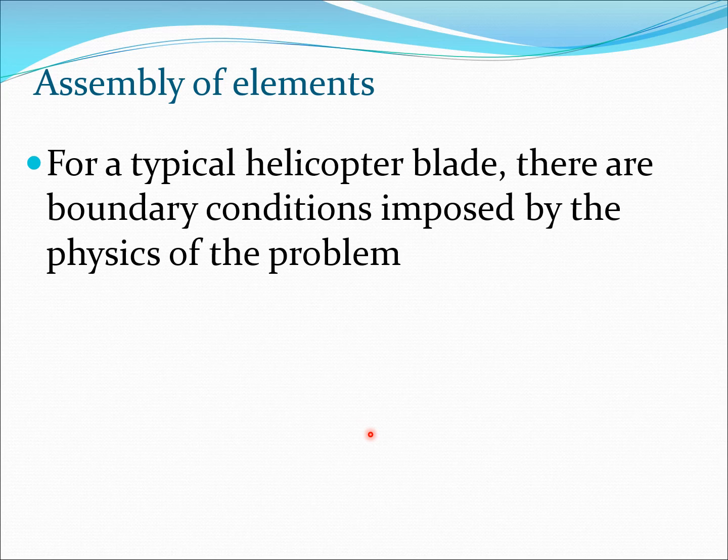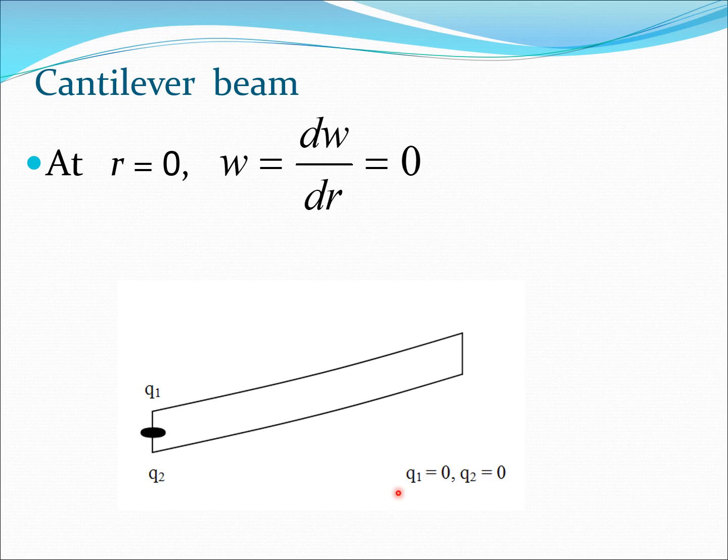Now for a typical helicopter blade, we would like to impose boundary conditions on this problem to bring in the physics of the problem. So let's start with the cantilever boundary condition or the cantilever beam. Now the cantilever beam has the geometric boundary condition that Q1 and Q2 are 0.